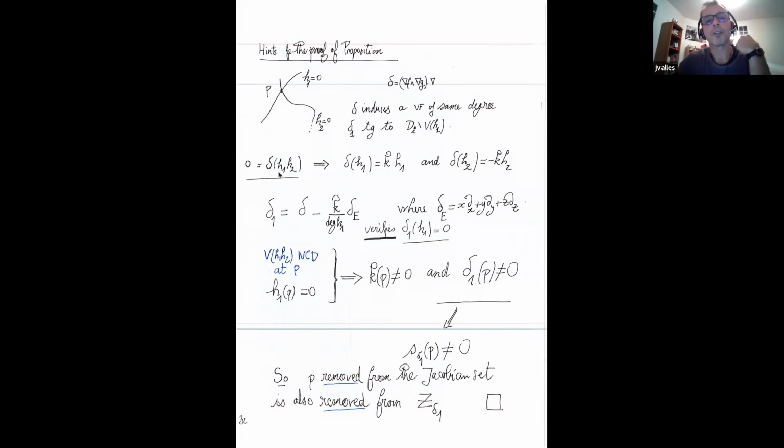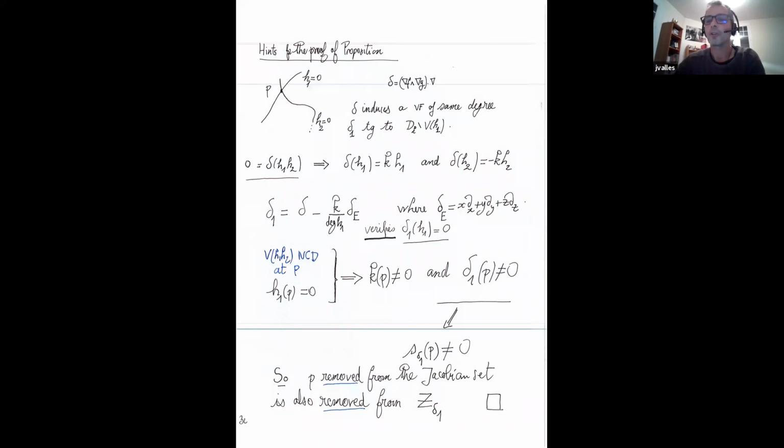So the derivation delta vanishes on the union. You see the derivation delta 1 vanishes on H1, but you need some shift, and this shift induces that this new derivation delta 1 is not singular at P. And since it is not singular at P, and since P is removed from the Jacobian ideal, because you have a normal crossing divisor, so a simple double point in P2, you remove one component, it becomes a smooth point, so it disappears from the Jacobian ideal.